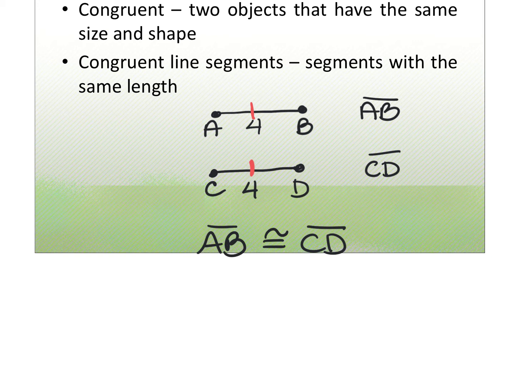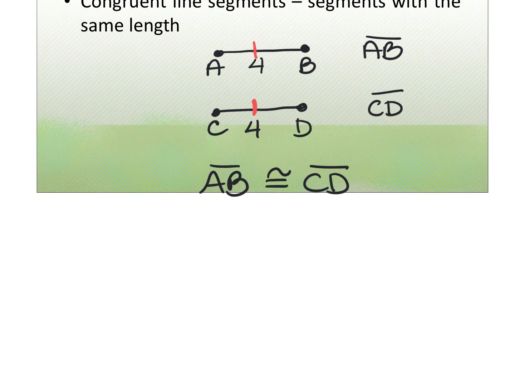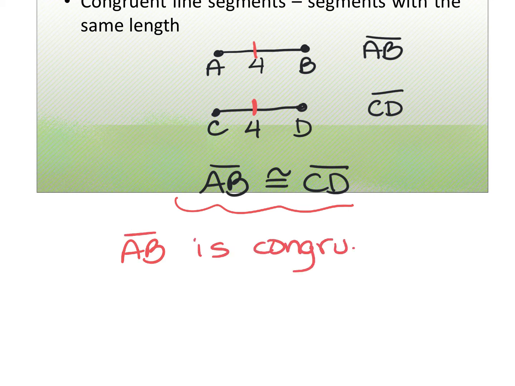I would look for congruency marks. This statement right here is read, AB is congruent to CD. That's how you would read this statement.